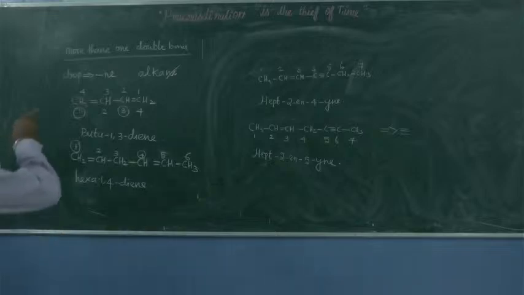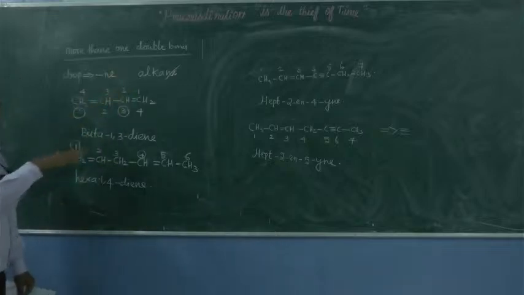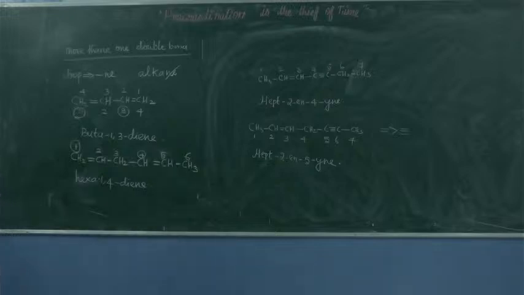Only if you have two double bonds do you write hepta; in this case it is not required, only hept. For two double bonds, you add the alkane prefix, that is buta. One double bond and one triple bond, just the root word with 'yne'. This is clear.